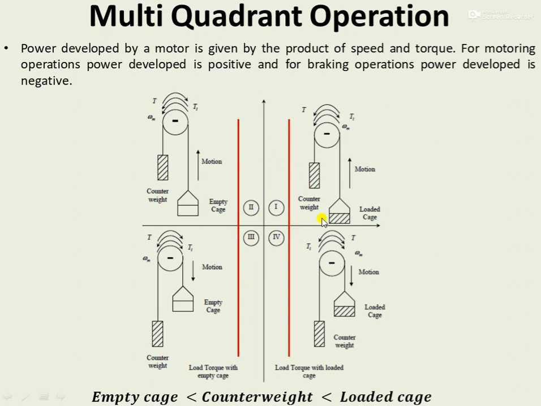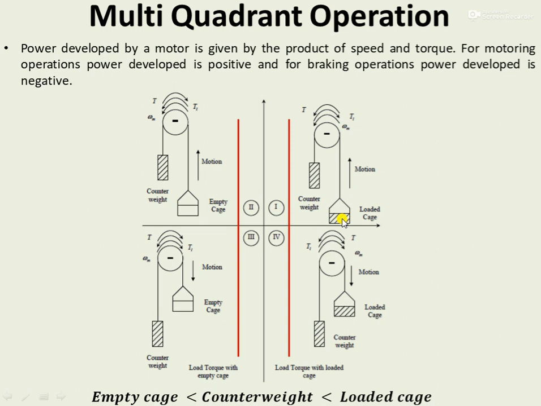This is because the hoist mechanism which we have taken into consideration for understanding of this multi-quadrant operation will be actually a low speed hoist one. So in the case of low speed hoist one, the effect of friction and windage can be neglected. So the major component of load torque will be due to the effect of gravity. This seems to be a constant one.